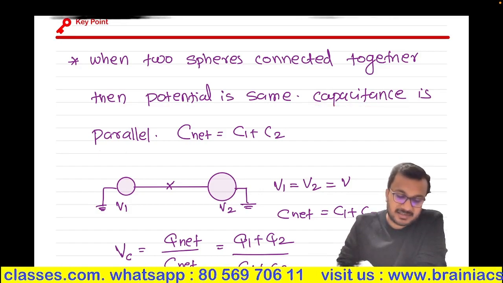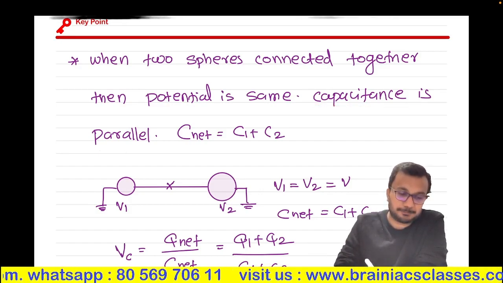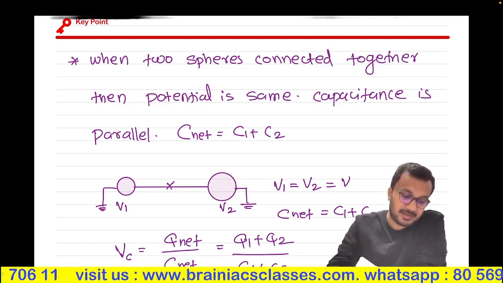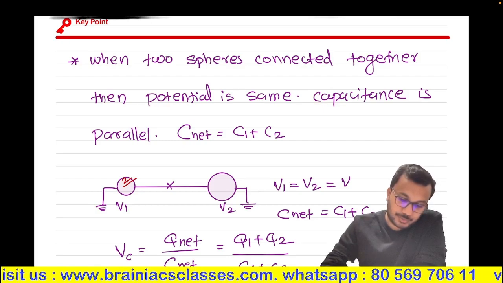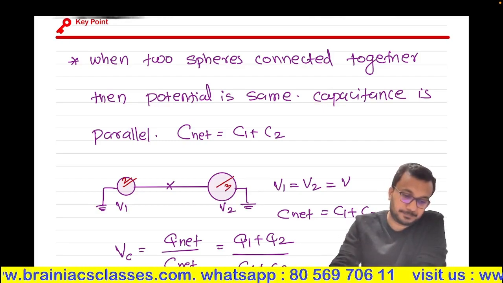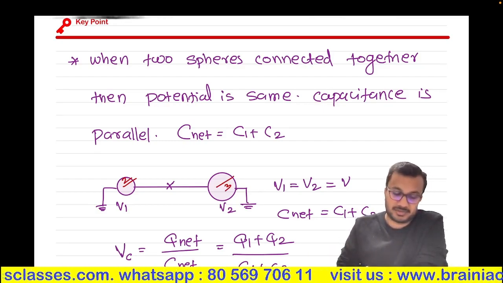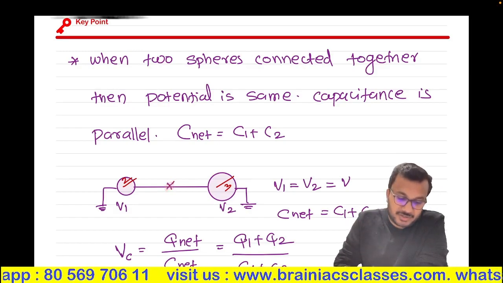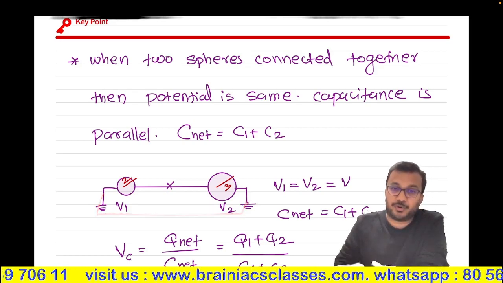How is it capacitance in parallel? Say we have a 2 cm sphere and a 3 cm sphere. Let's mark here: this has a radius of 2, this has a radius of 3. What happens when they're connected together? They have a common connection point on one side, and on the other side also a common connection point, ground.